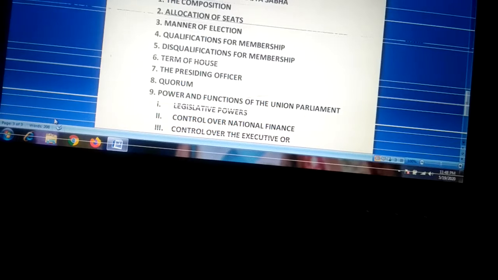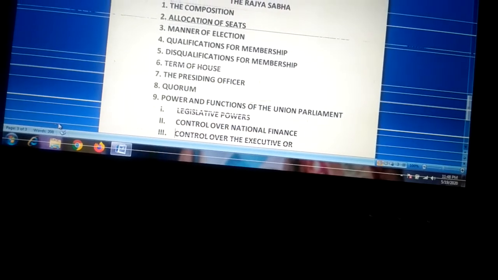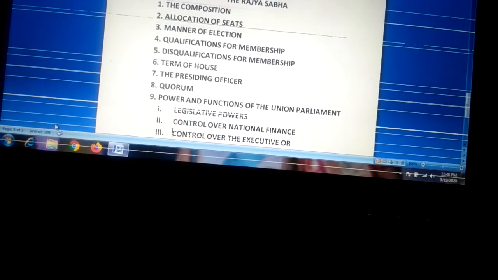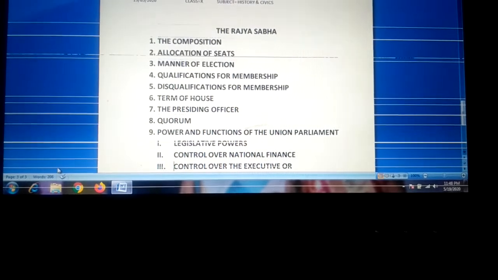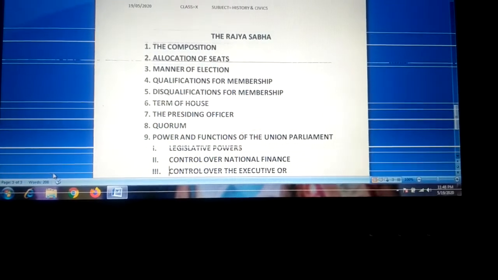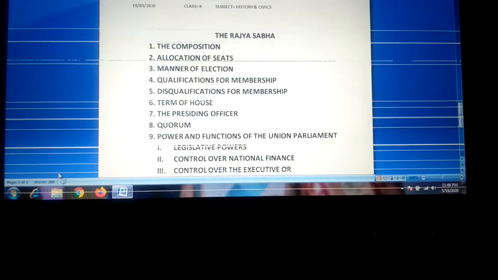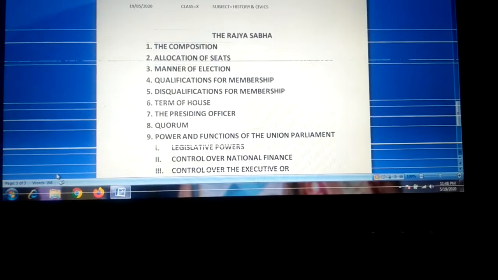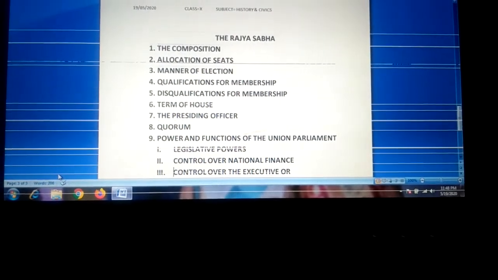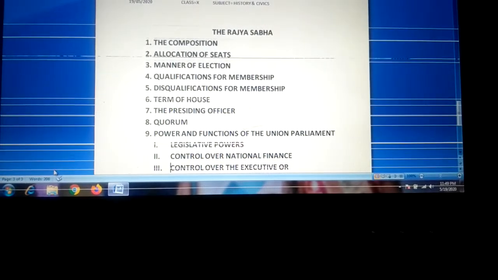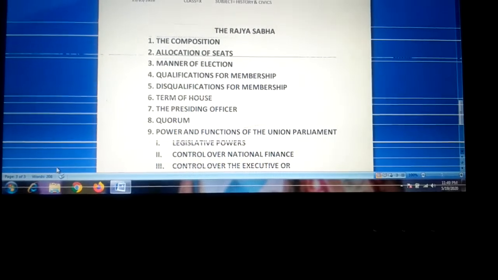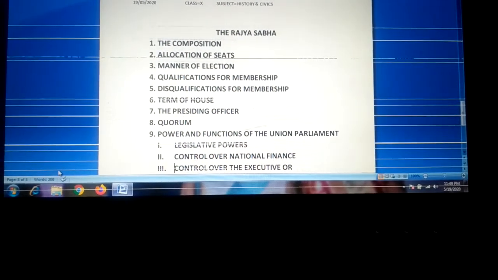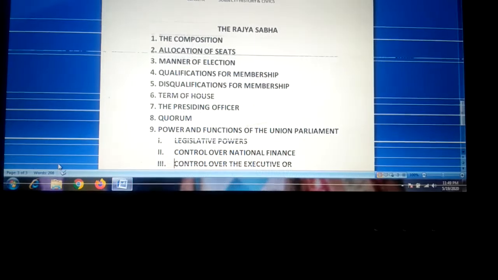Go to the highlighted point: the expenditure charged on the Consolidated Fund of India includes the salaries and allowances of the President, the Speaker, the Deputy Speaker, the Chairman, the Deputy Chairman, and judges of the Supreme Court and High Court, etc. All these expenditures are charged on the Consolidated Fund of India.